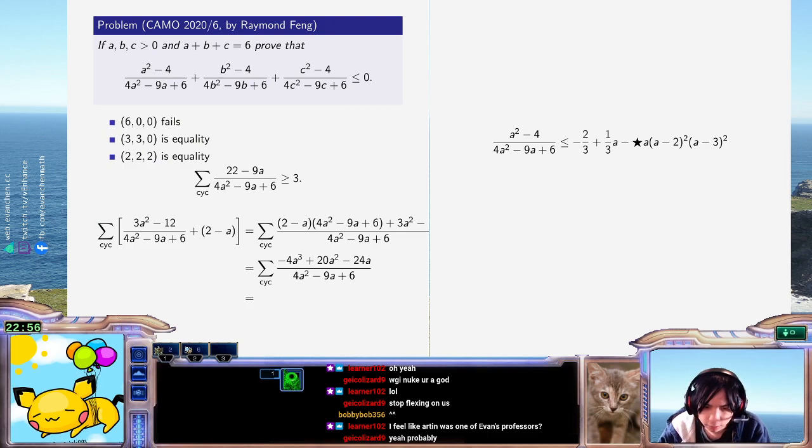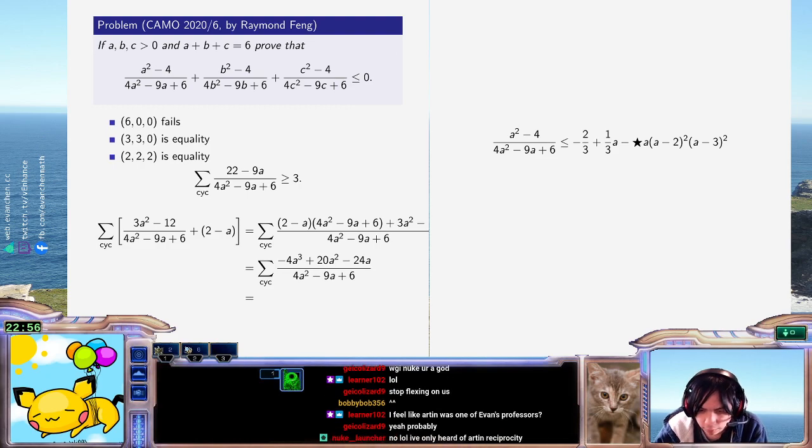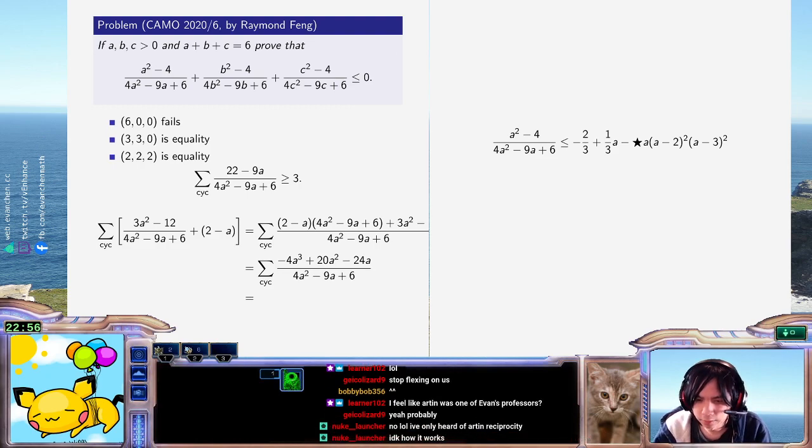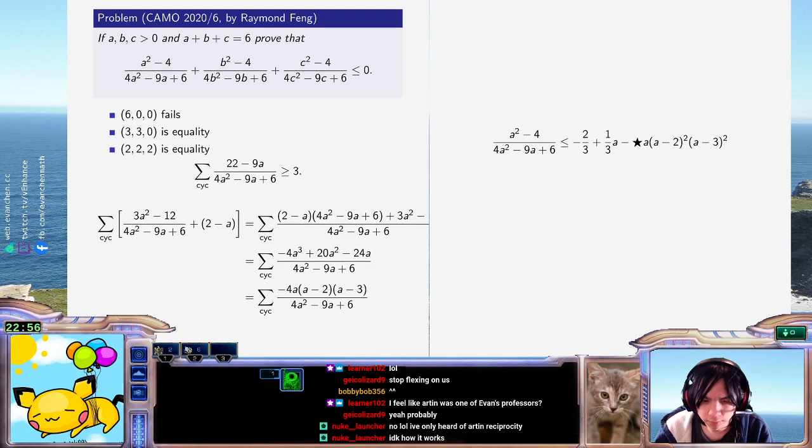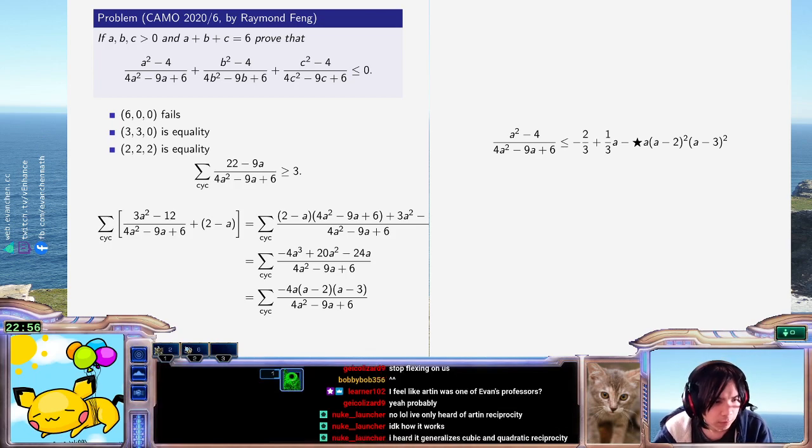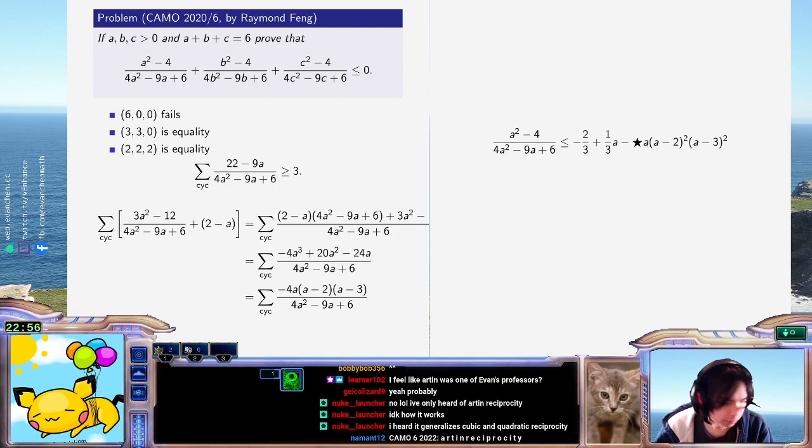Alright, and the point is that this top factors, right? Minus 4, a minus 2, a minus 3. Okay, so this is sort of the correct form, I think, to write it in. We would like to show the inequality.